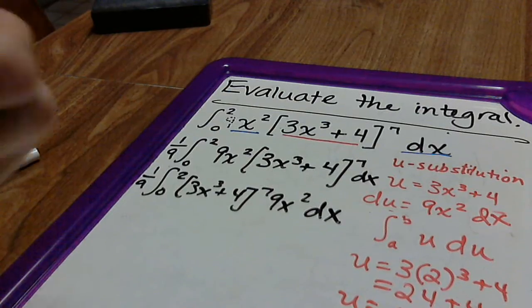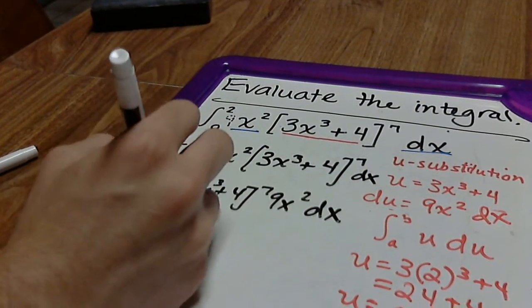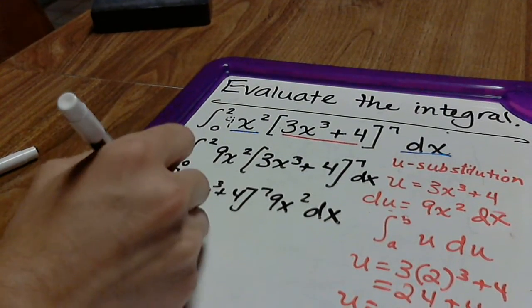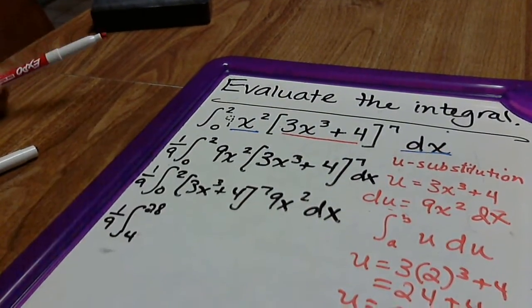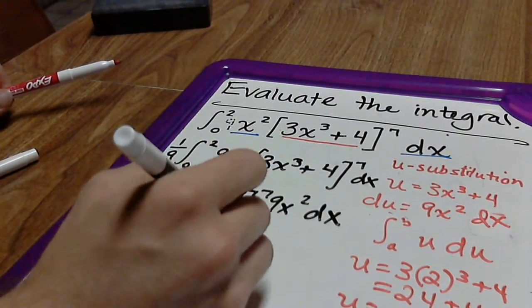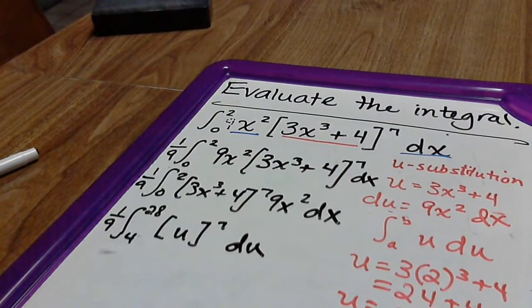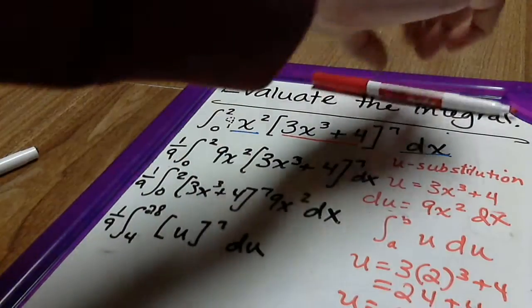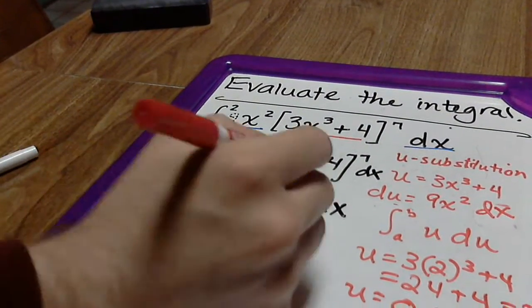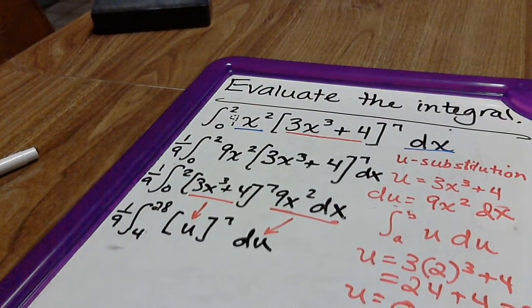So now I have 1/9 times the integral from 4 to 28 of u to the 7th times du. That's my u, and the 9x squared dx is du, so that became that.